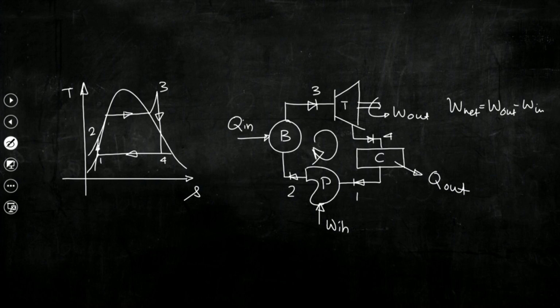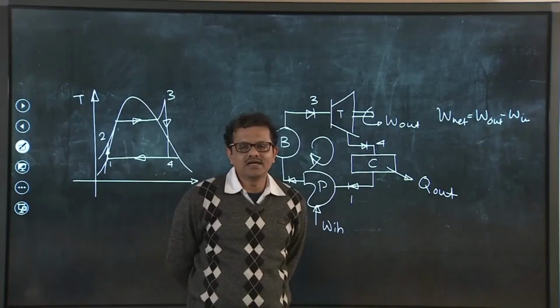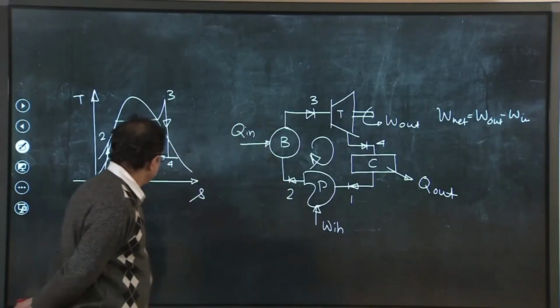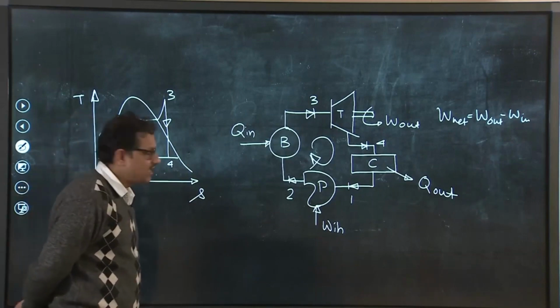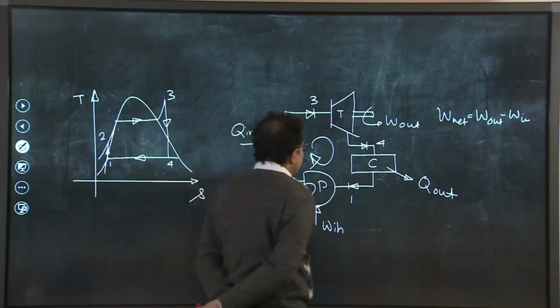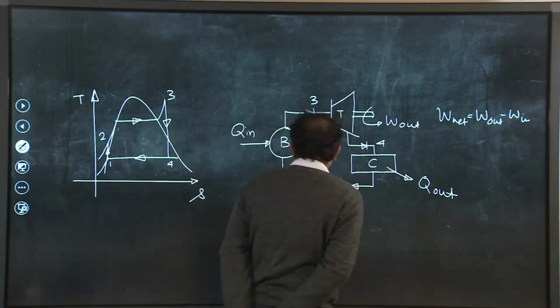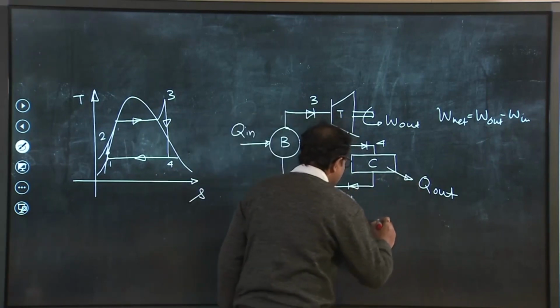Now, if we look at another one, that is the most fundamental objective of having a condenser in a steam power plant. If we look at this TS plane, what can we understand?